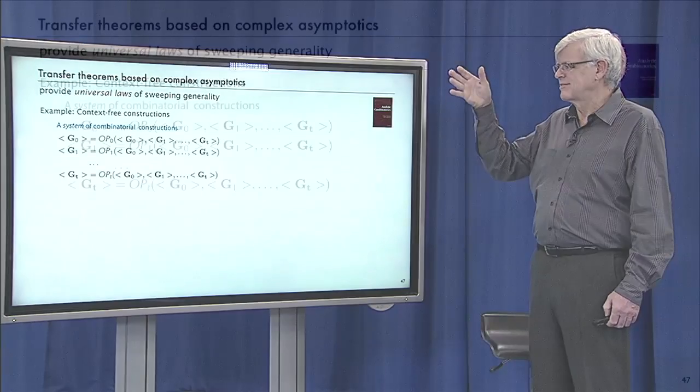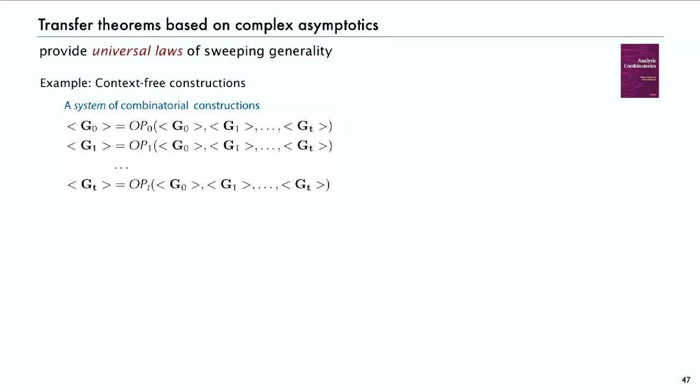If you have a system of combinatorial constructions where you have a bunch of classes and they're all interacting, those operations indicated by op0, op1 up to opt can be sequence or sum or product operations. You can create a whole linear system of combinatorial constructions. A very simple special case is the binary tree one, where you get T on one side and z times T on the other side.